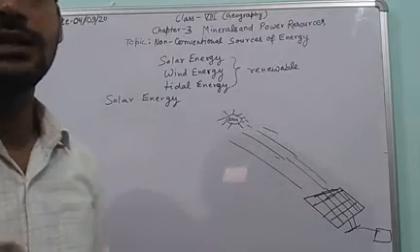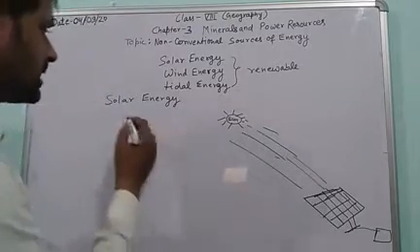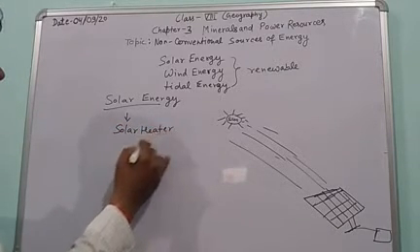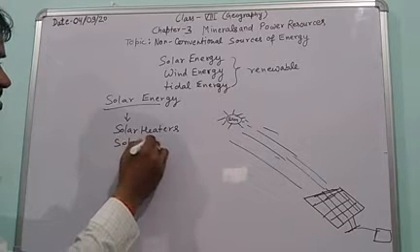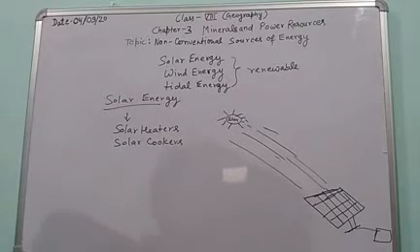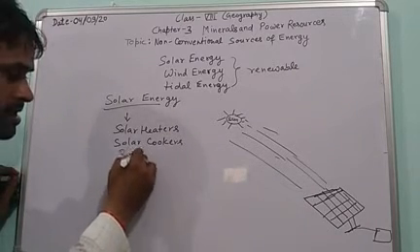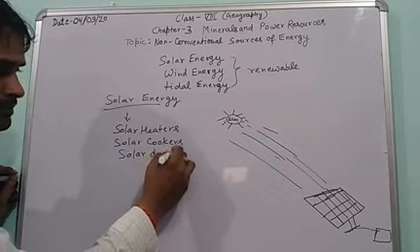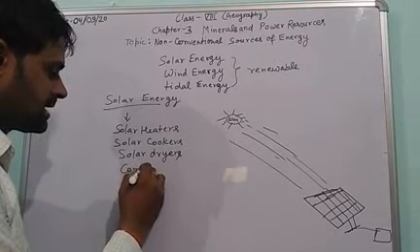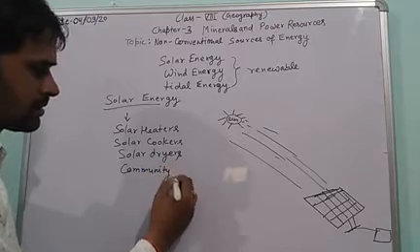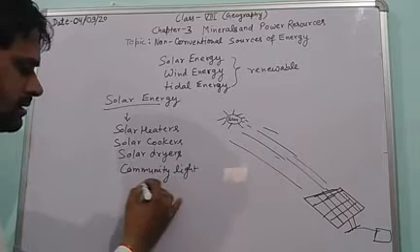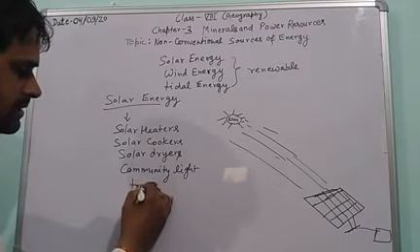Solar energy is also used in solar heaters. Many uses are there in solar heaters, solar cookers, solar dryers, and sometimes community light or street light, road light, and the last one is traffic signals.